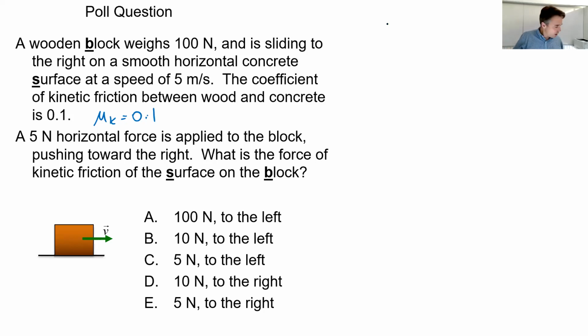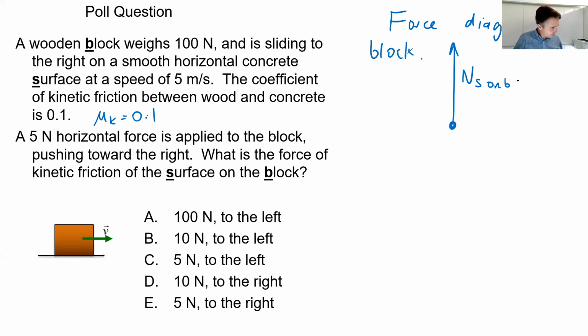Let me draw the force diagram of the block. Here is the block. There's going to be a normal force, N, of the surface on the block. Since the velocity is that way, the force of kinetic friction, let's not forget our little arrows, right?